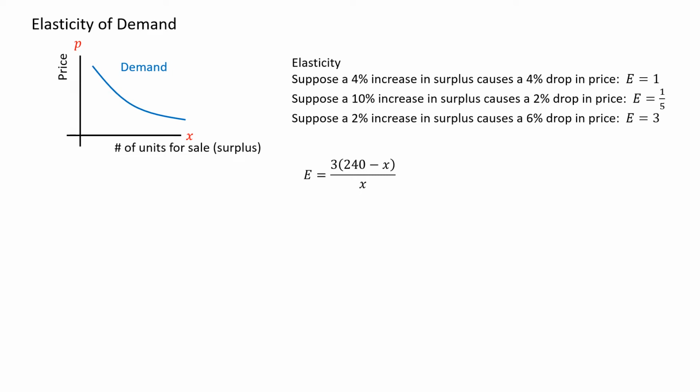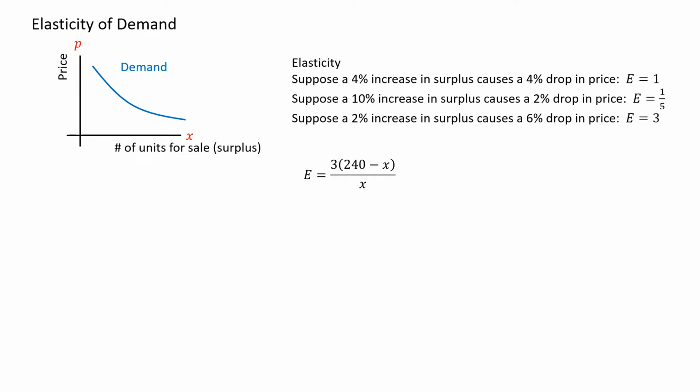It's more likely that the elasticity of demand will depend on how many items you have in surplus. So you can see that in general, we might think that how elastic the demand is, in other words, the responsiveness to price as a function of the number of units increasing, would depend on the number of units that were already available.